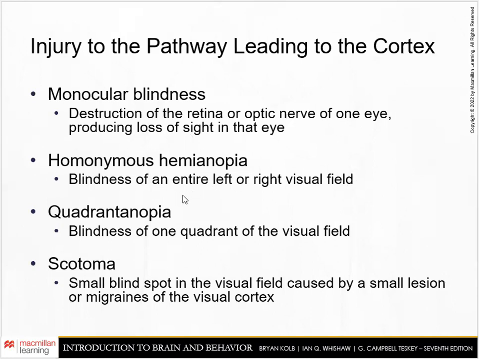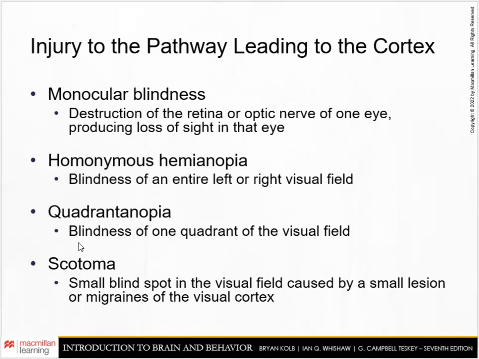Here in homonymous hemianopia, this is blindness of an entire visual field. So although both eyes may be working from the retina and the optic nerve perspective, there may be damage further down the line in the system where the information on one specific side of the visual field is not being coded or passed along.